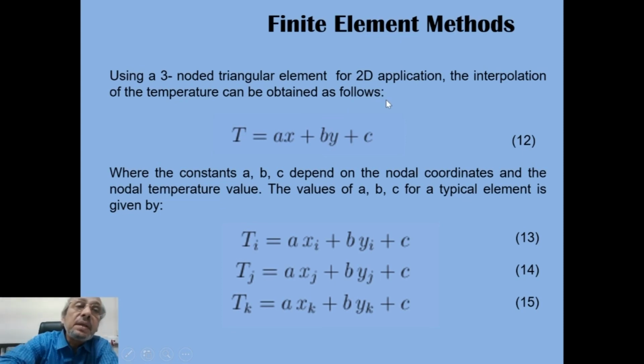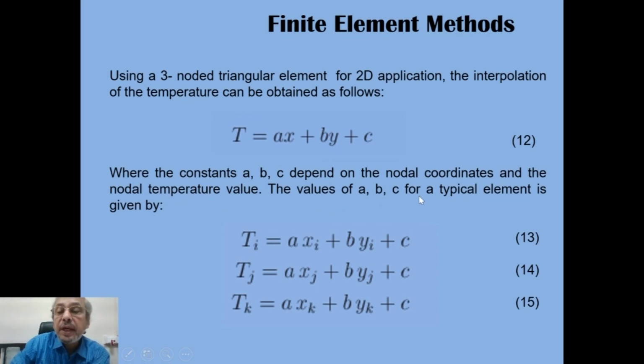For 3D application, as I said, obviously elements will be different, hexahedrals or prisms, but here it is basically a triangular element, and we can fit in this variation, that T equals Ax plus By plus C, where constants A, B, C depend on nodal coordinates and the nodal temperature values.